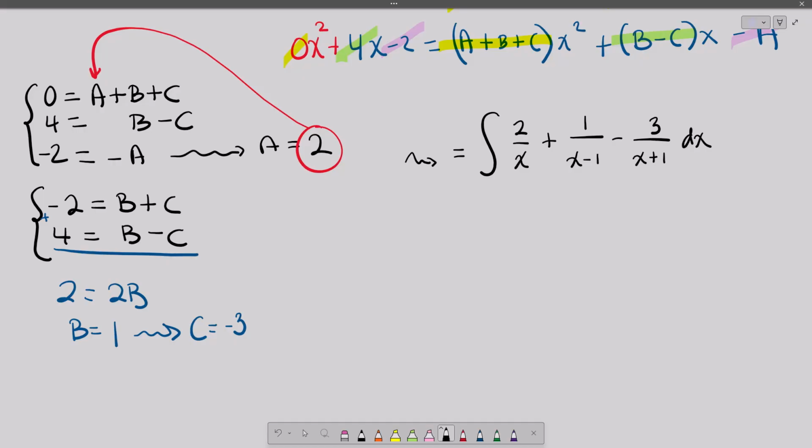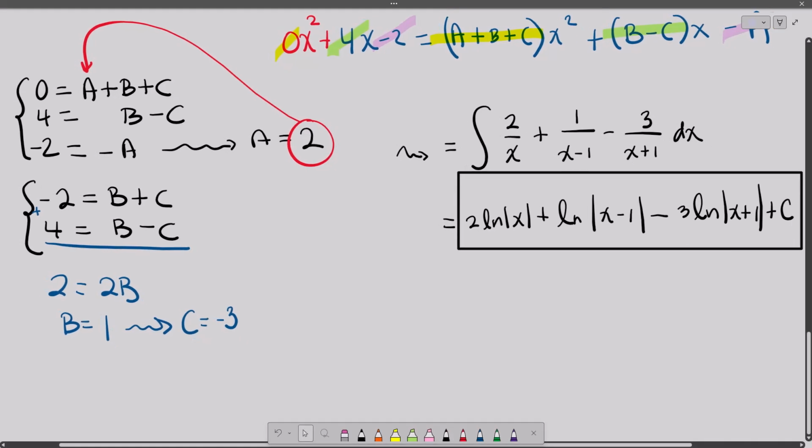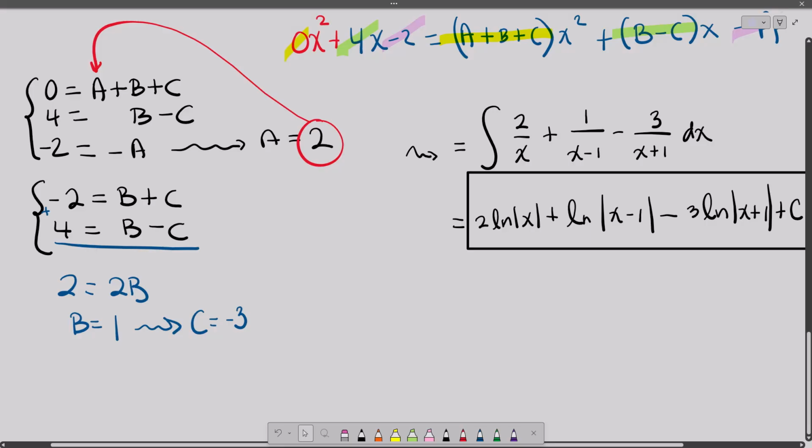And each of those integrates to a log. You can do some log properties if you want, but we don't have to.